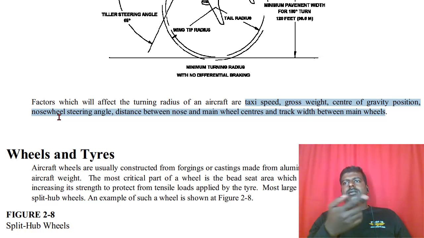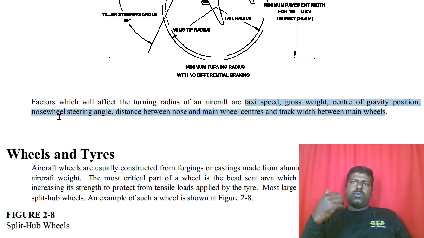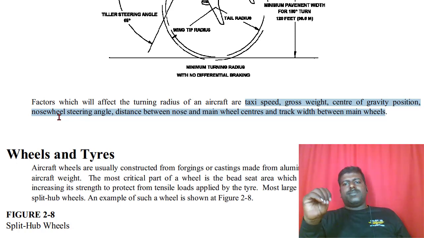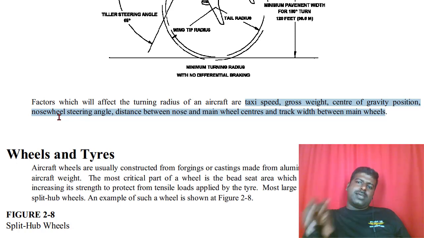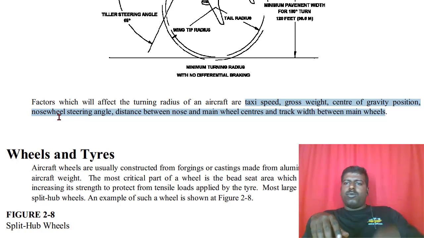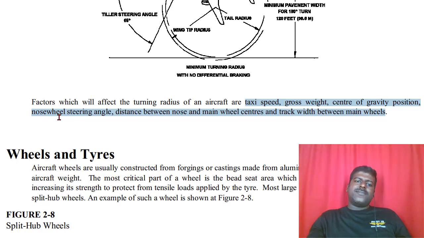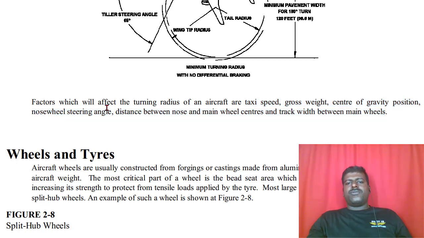Just like when we turn our car, if the steering angle is too much, means if it is at the extreme end, we can turn the car more easily in tight spaces. Okay. Likewise, if the steering angle is more in the aircraft also, the turning radius will be reduced.